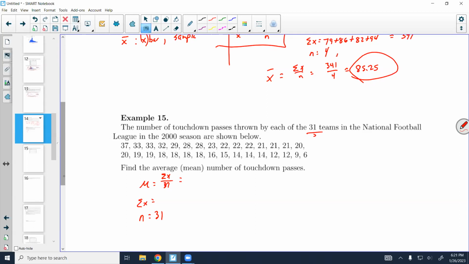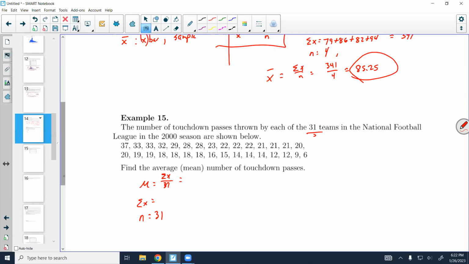That doesn't seem like a whole lot of touchdowns, does it? Four times 16 plus 15 plus 14 plus 13 plus 12 plus 12 plus 9 plus 6.